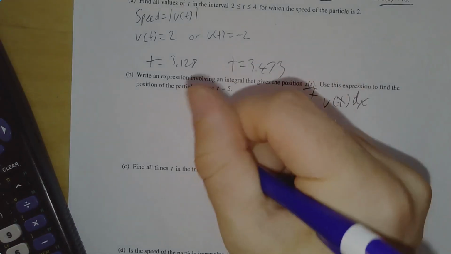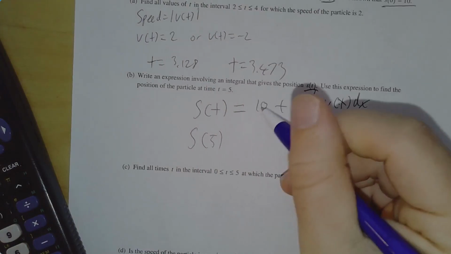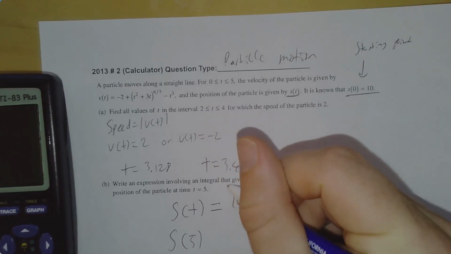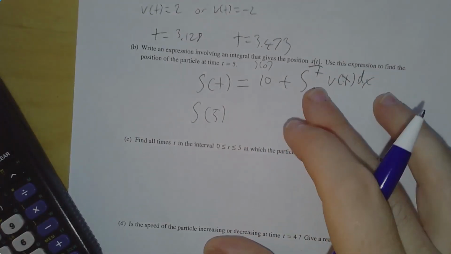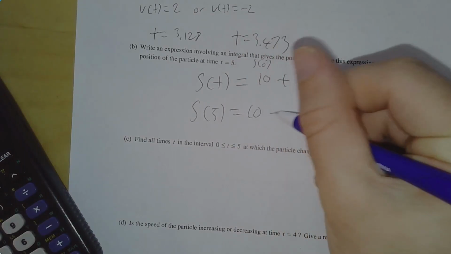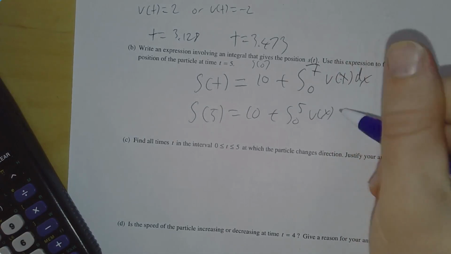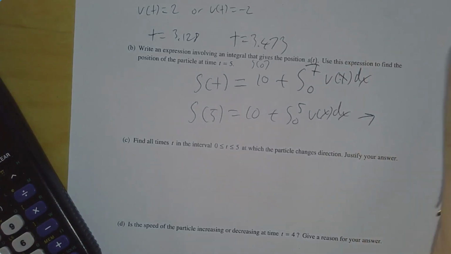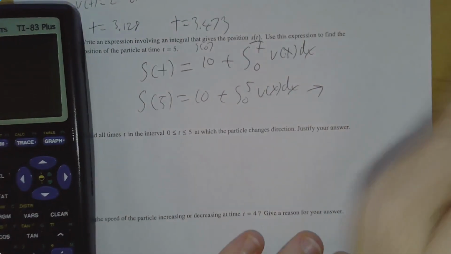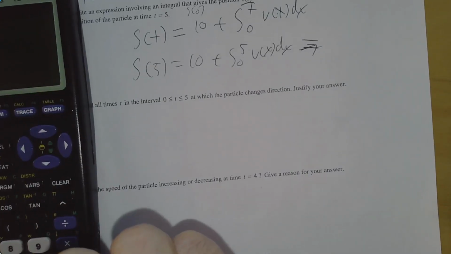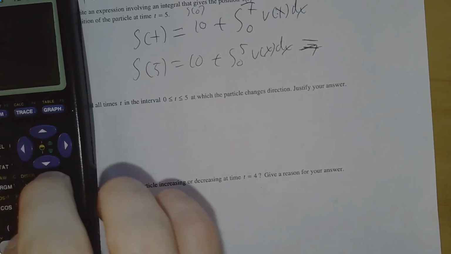So we're going to find s of 5. How did I get that 10? I got that 10 from the starting position here, because I know that s of 0 is 10. Basically, this is s of 0. S of 5 would be 10 plus the integral from 0 to 5 of v of x dx. Let me show you.